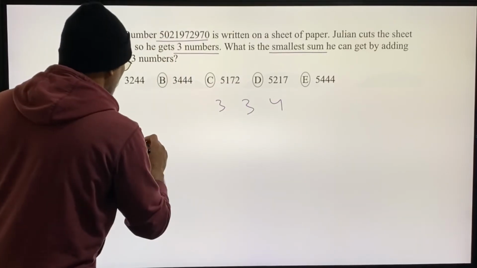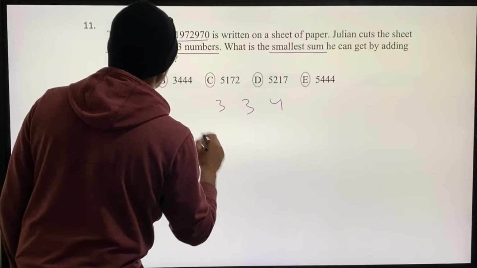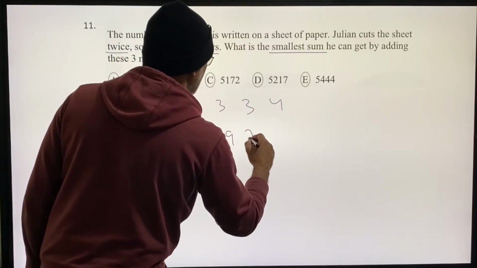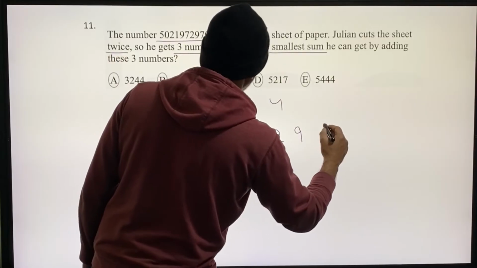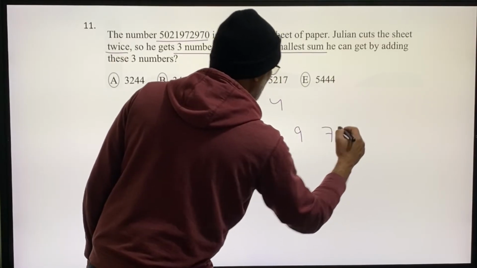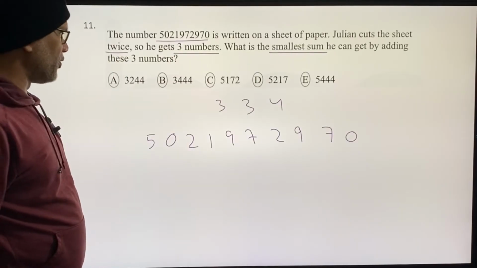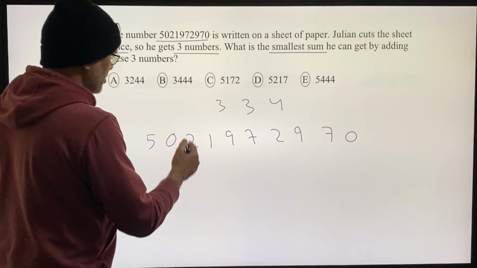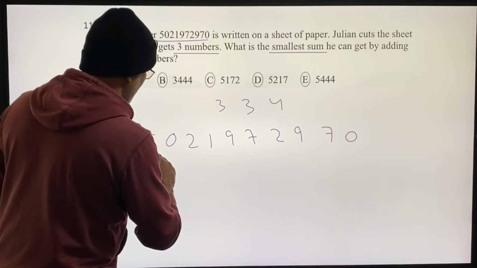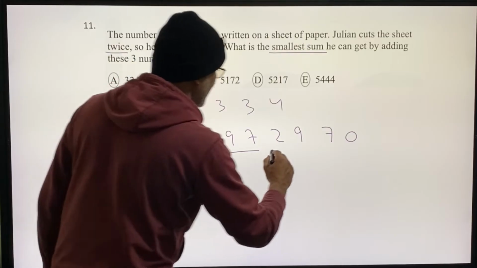So let me write down this number. 5, 0, 2, 1, 9, 7, 2, 9, 7, 0. All right. So we want to split it in 3, 3 and 4. Okay. So this is one end, this is the other end. So let me first cut it like this: 3, another 3, and then 4.